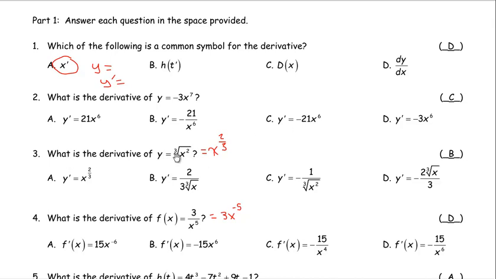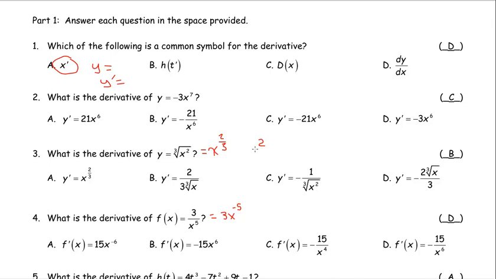For number 3, what's the derivative of y equals the cube root of x squared? Well, I'd want to write the cube root of x squared as a power first. And remember, the 2 is the power, and the 3 is the root, so we put the 3 in the denominator. So the cube root of x squared is the same as x to the 2/3. So now I'm going to use the power rule, so that 2/3 is going to come down in front.